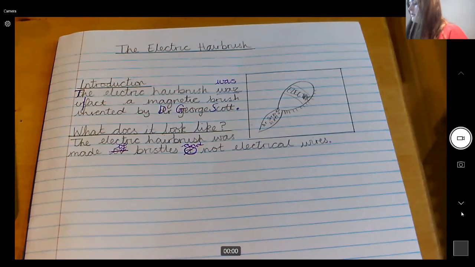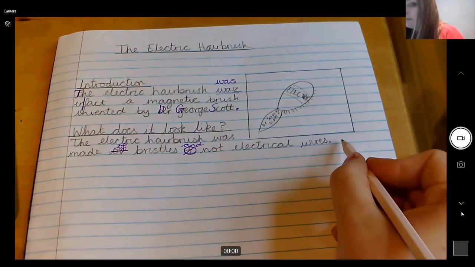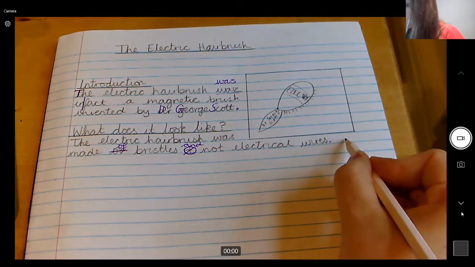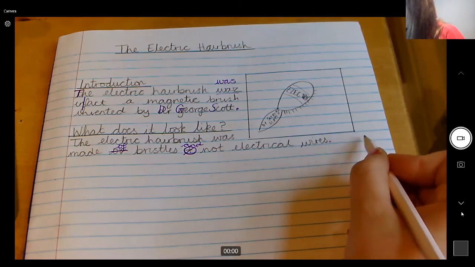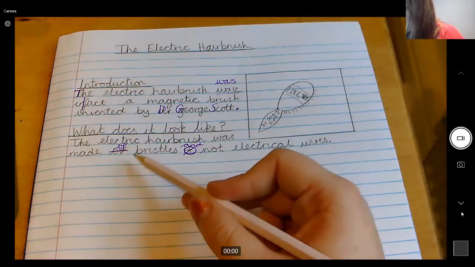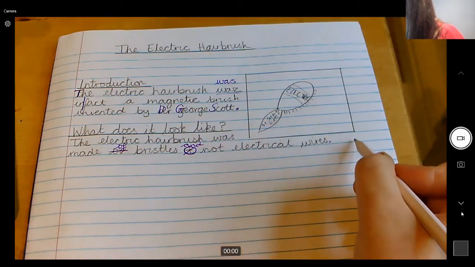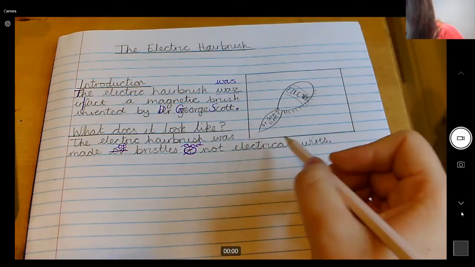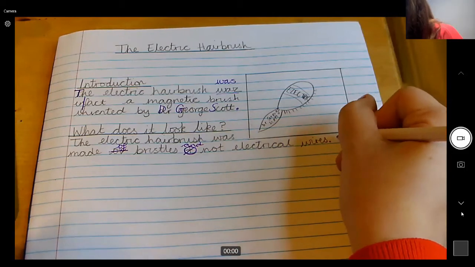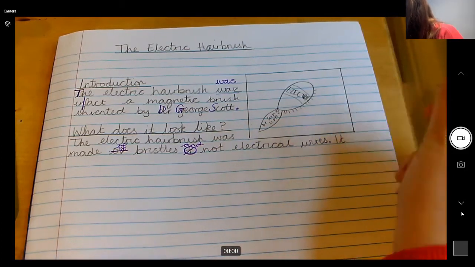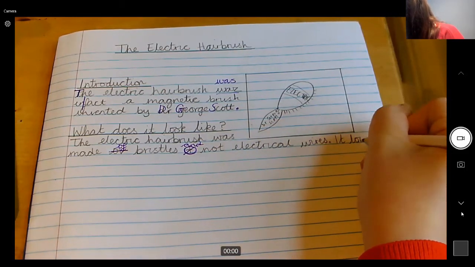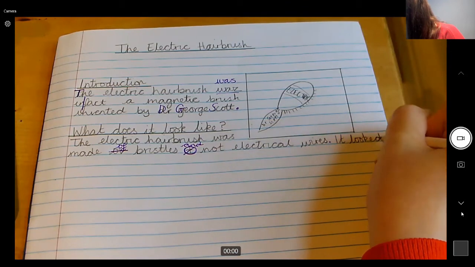Okay, next sentence. I've still got a bit of space over here, so I'm going to carry on writing on this line. I do not need to start a new line unless the next word is too big. So I've got it looked, I can fit it looked, which fits very nicely in there.